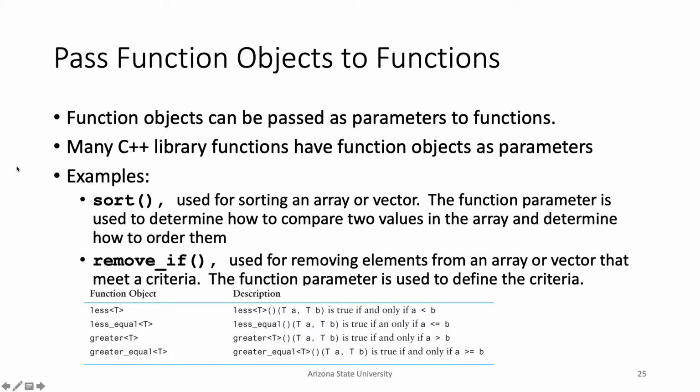Or maybe, for example, we have a list of ASU students. How do I sort ASU students? I could order them by GPA, by name, or by ID number, for example. So there are many ways we can order an entire object here.